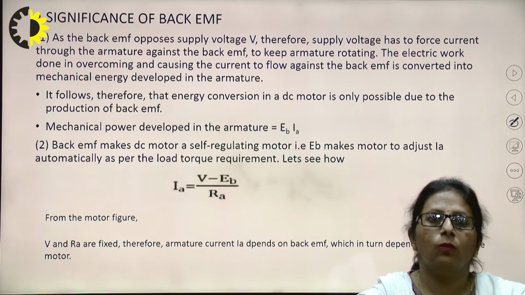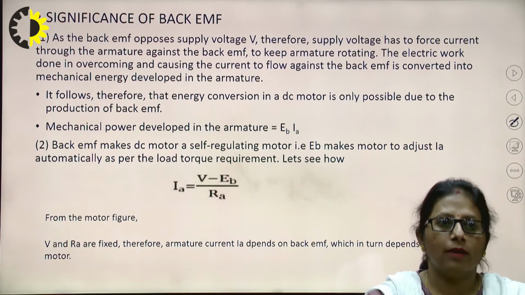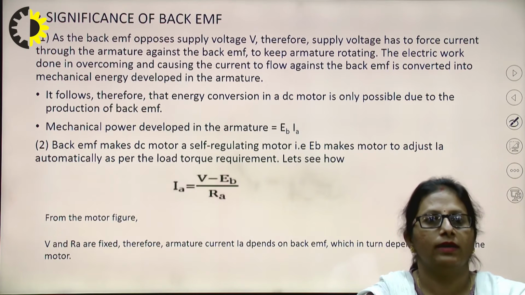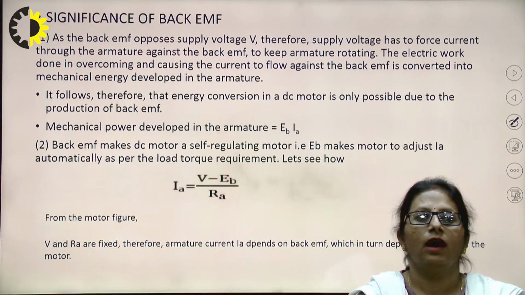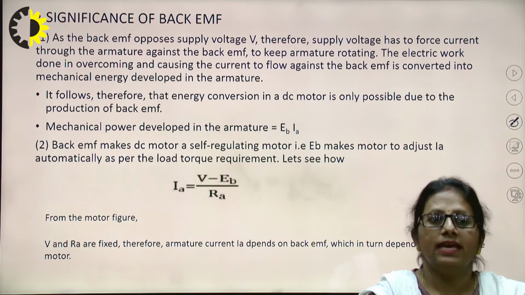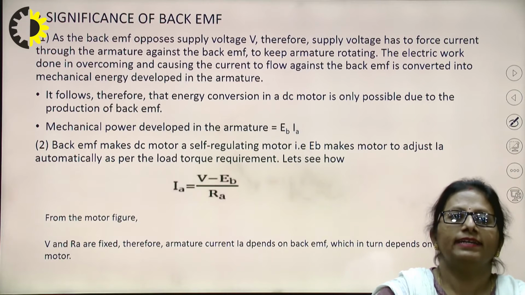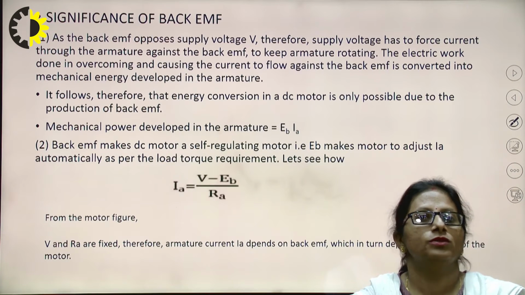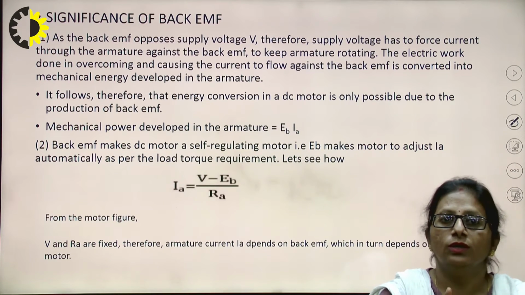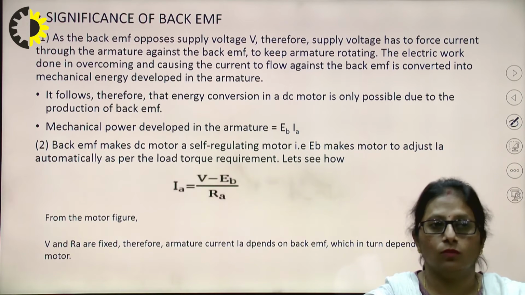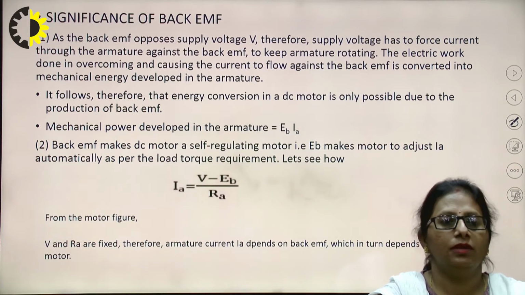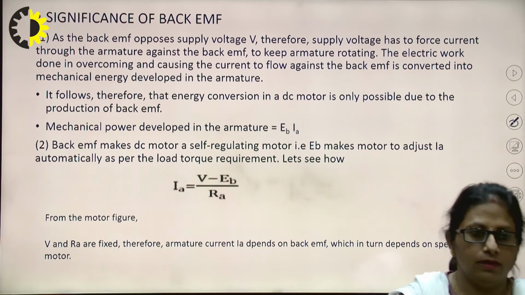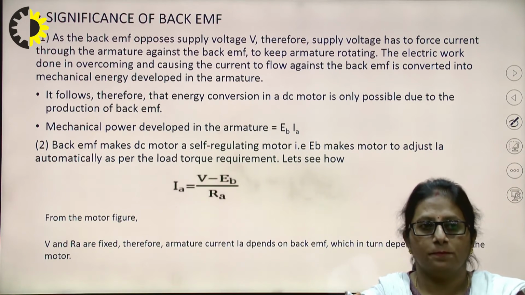This electrical work done in overcoming the back EMF and causing the current to flow against it is converted into the mechanical energy developed in the armature. So it follows that the energy conversion in a DC motor is only possible due to the production of the back EMF. And second, the mechanical power developed in the armature is given by the back EMF, EB, multiplied by the armature current.